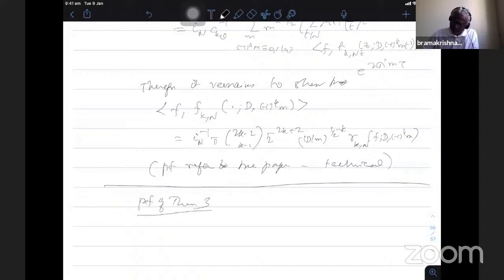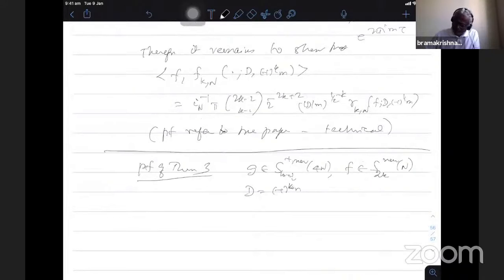So now take g in S_{k plus half} plus mu 4n, and f is the corresponding new form. I might take d equal to minus 1 power k small n. So now I know that the Shimura map is giving the first Fourier coefficient, because f is a normalized form.